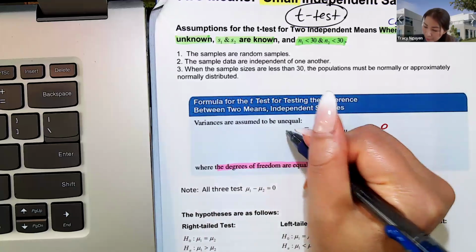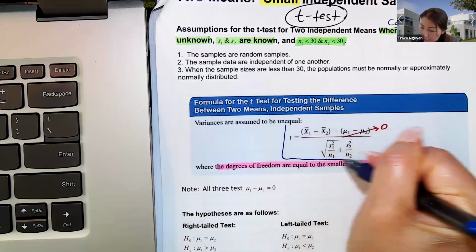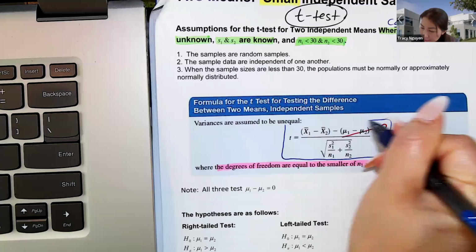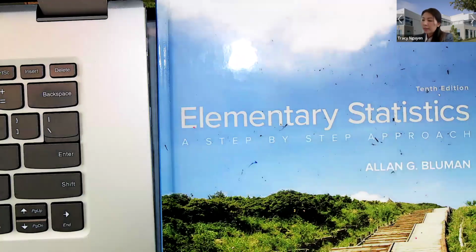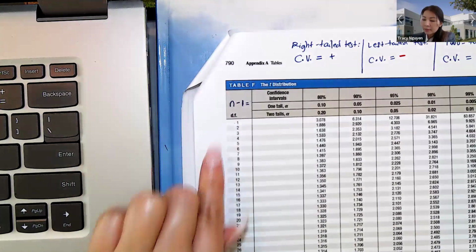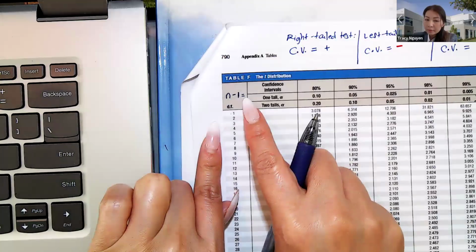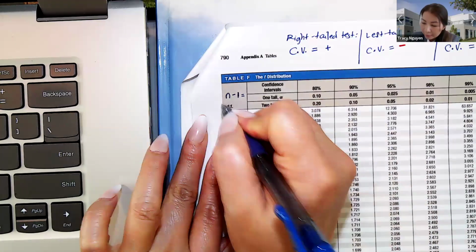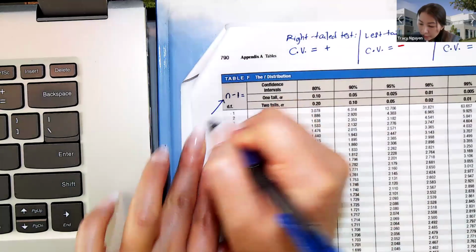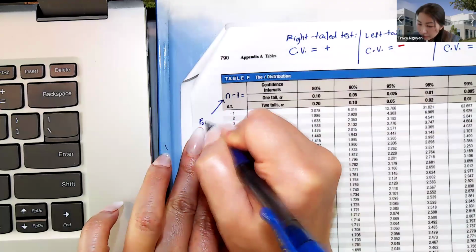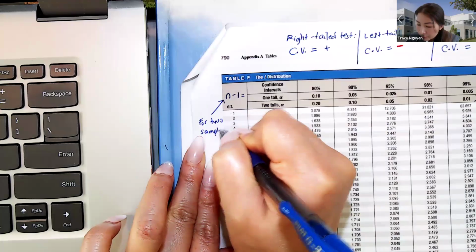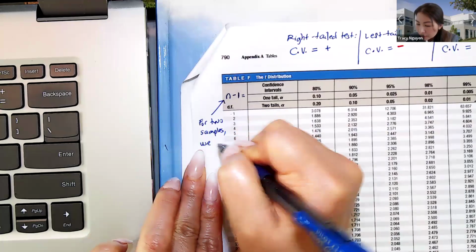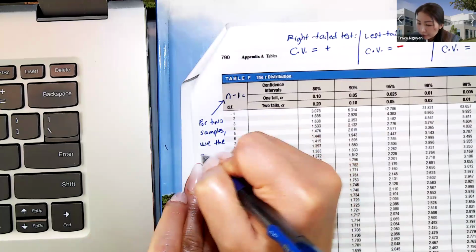And we're going to box this formula. This is what we have here for our test value. And we're going to write a note that the degree of freedom is equal to n minus 1, and for two samples, use the smaller n value.